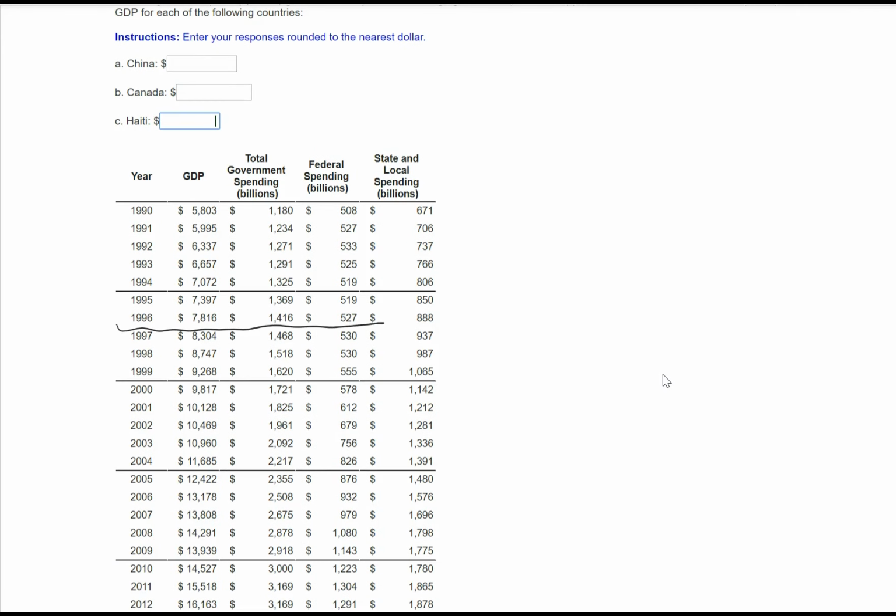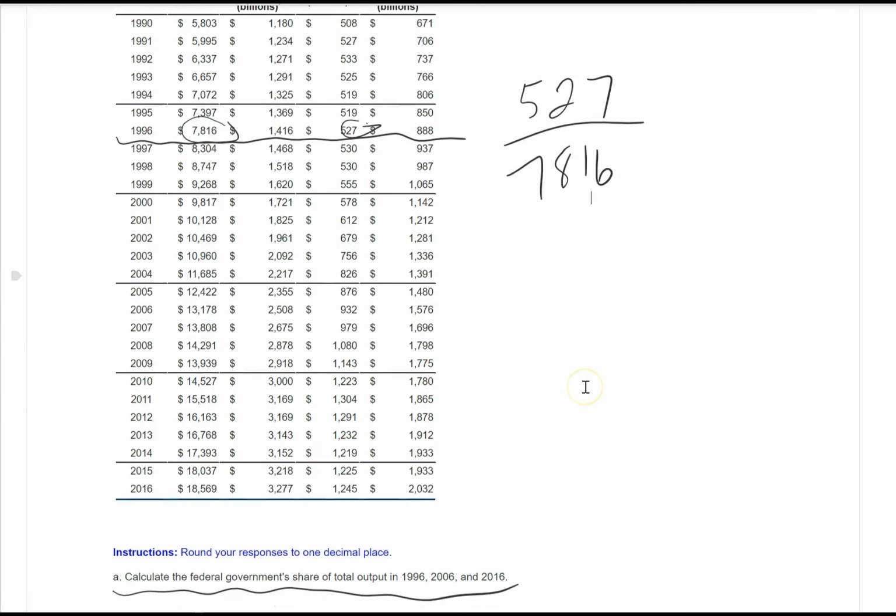So here's 1996, and the federal government's share is $527 billion out of a total GDP of 7816. So you're going to have a really easy setup here, out of 7816, and you're going to solve it like that.